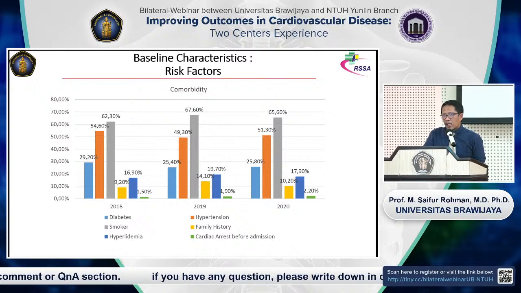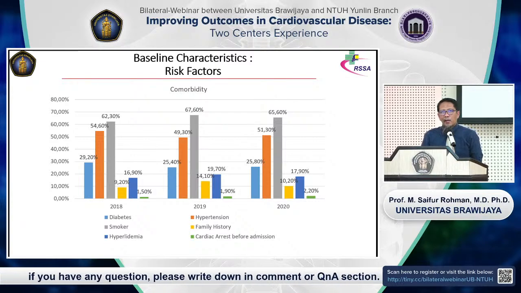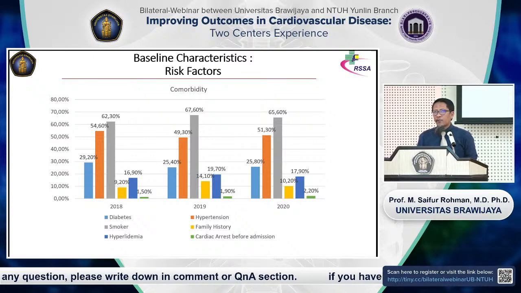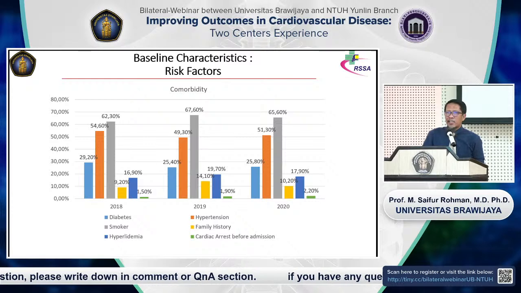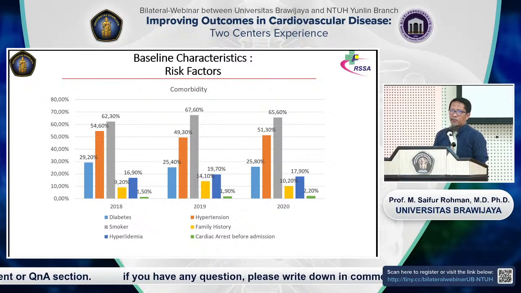We deal with a high prevalence of smokers, and it is even increasing year by year. The other risk factor is hypertension, the second highest risk factor, and diabetes is the third most prevalent risk factor.